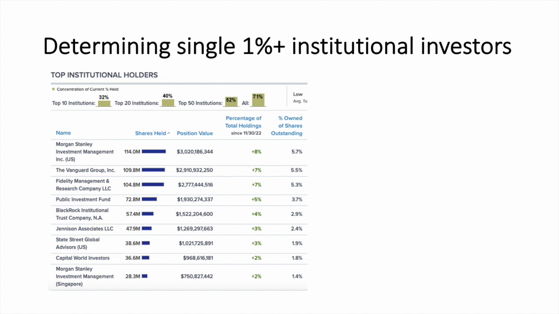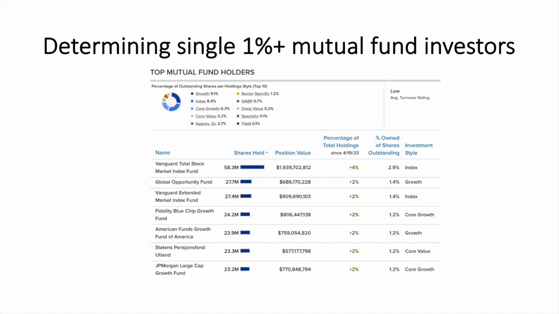We'll talk a little bit later about how you can research any one of these to determine its foreign status. You'll also scroll down and look at the list of top mutual fund investors. If you look at this list, you'll see next to bottom, with 1.2% of shares outstanding, is Statens Pensjonsfond Utland, which the name itself suggests is not a US investor, and in fact it is a Norwegian mutual fund.